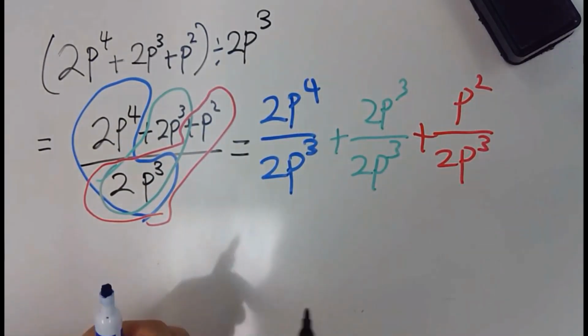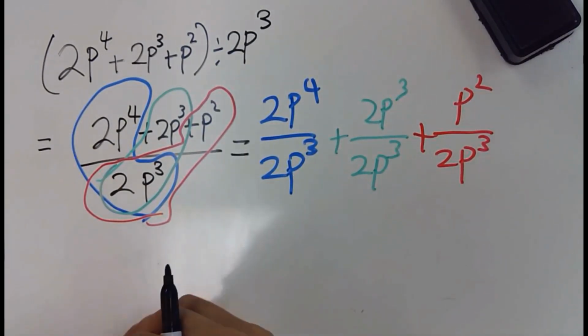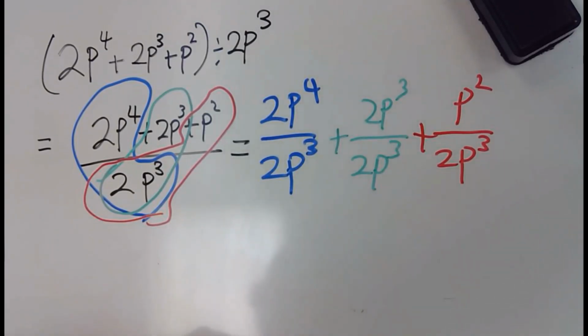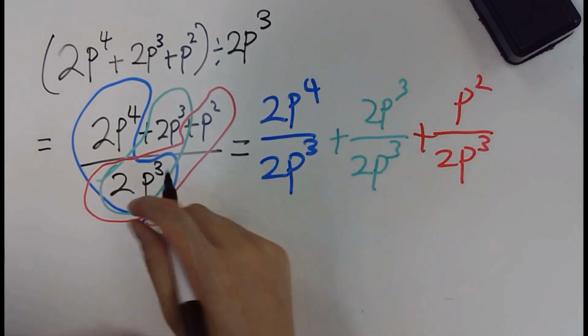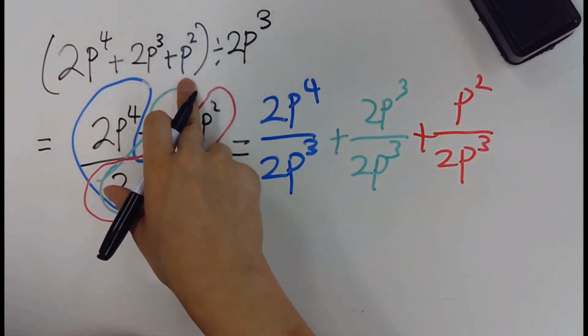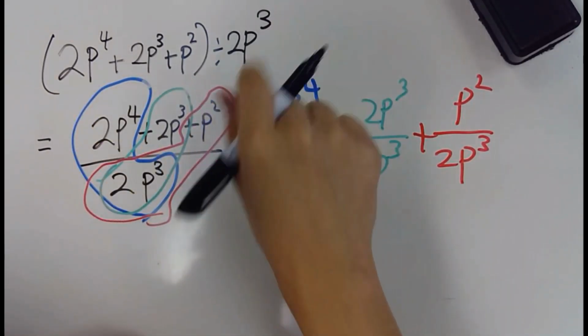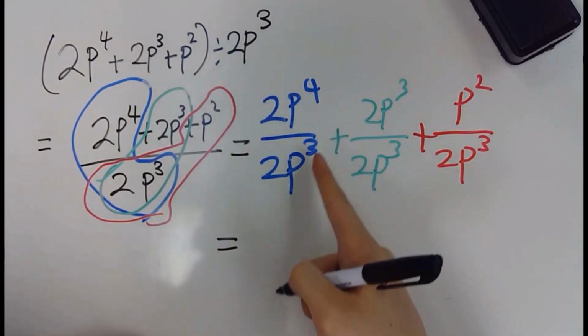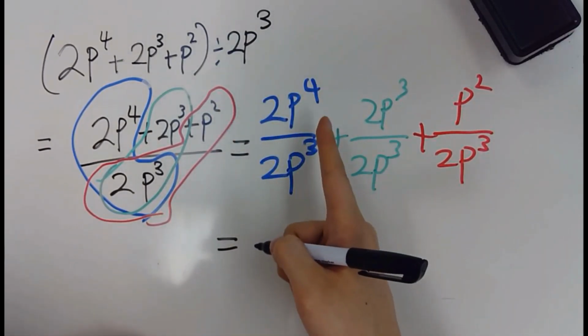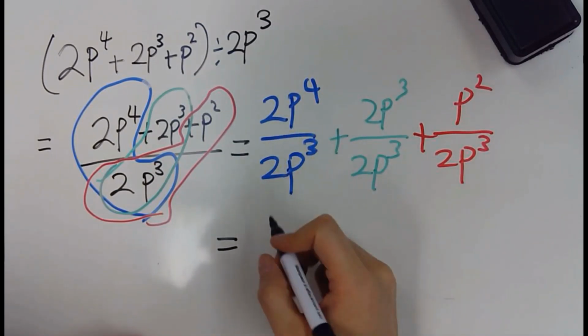Okay, now all I have to do is divide each term that was in the bracket by 2p cubed separately. Let's try to do the blue part first. 2p to the power 4 divided by 2p cubed.